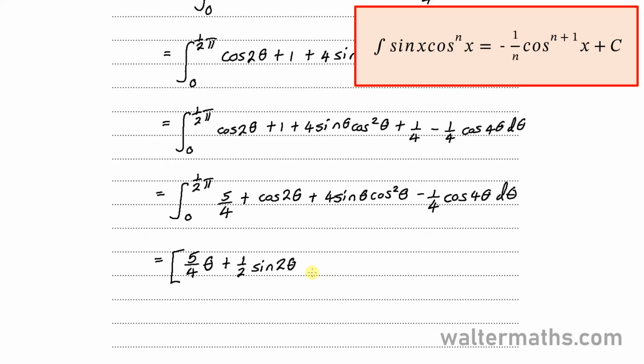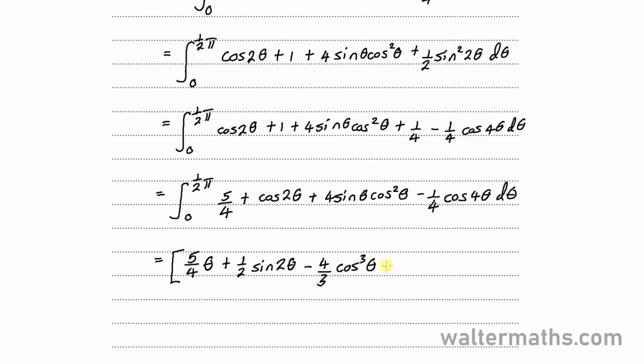So in this case, we will get minus 4/3 of cos cubed of theta. And that's minus, here integrating a quarter of cos 4 theta, we get 1/16 of sine of 4 theta. And the limits are 0 and a half pi.